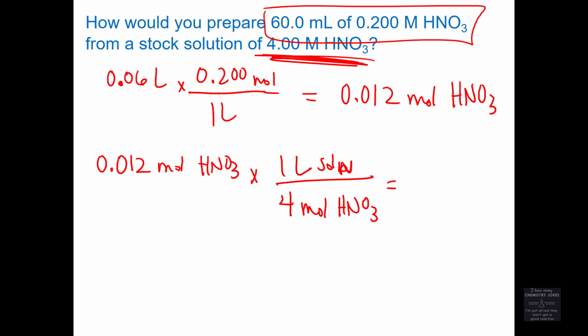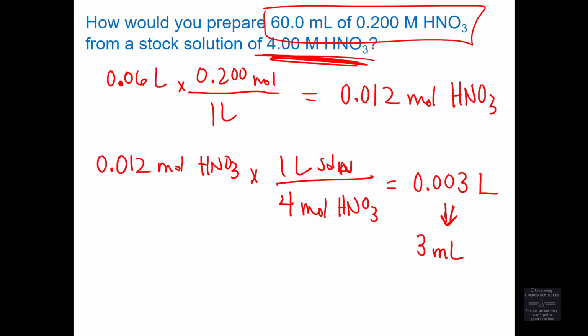How many liters is it going to take to get that many moles out? 0.012 divided by 4, 0.003 liters. Do a conversion, King Henry that thing if you want to, or you can do a conversion officially setting it up. That's 3 milliliters.